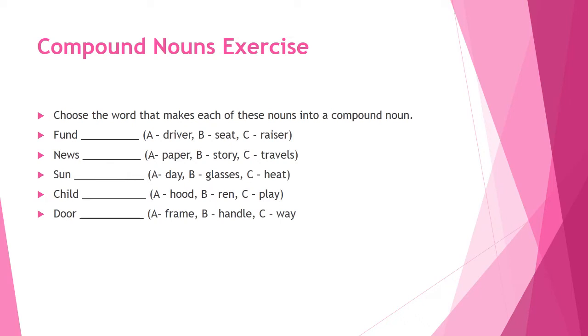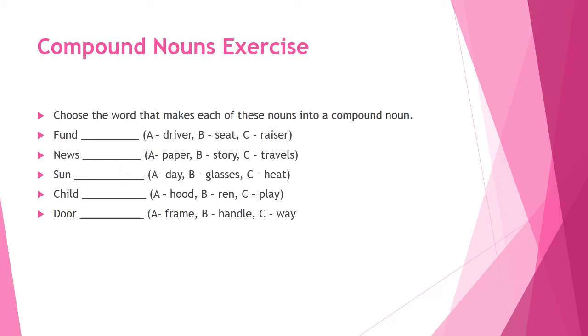Compound noun, here is an exercise in order to make the compound nouns. You can select an appropriate word from this list, with these certain words. Like here is the example of fund. You can select the most appropriate word from these three words.